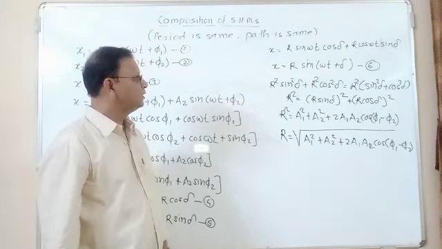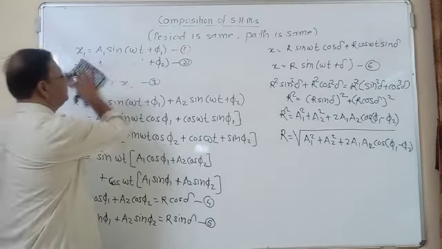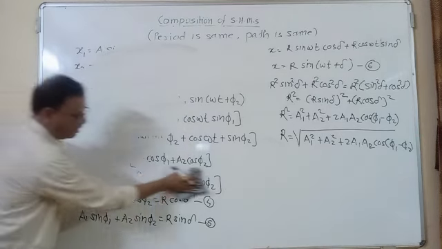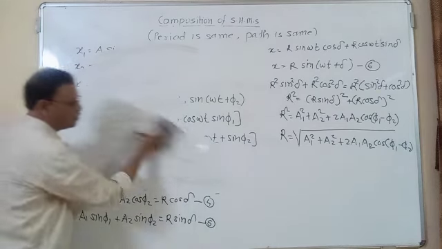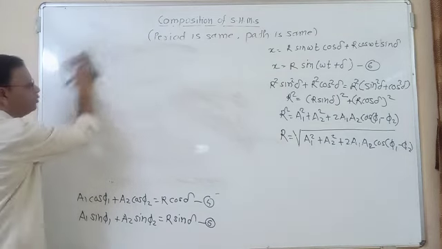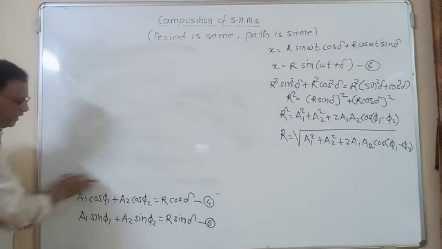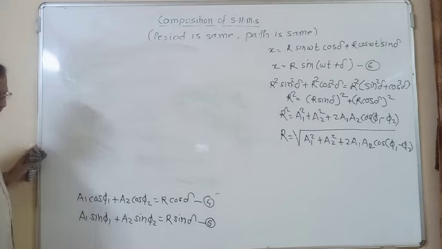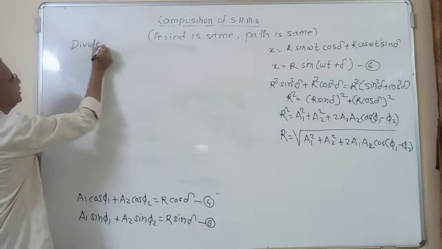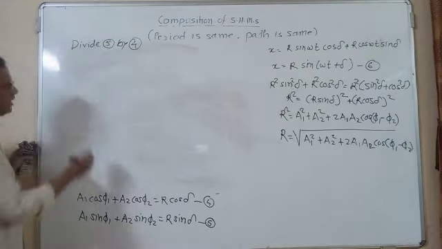Now we have to find delta. In order to find delta, again we have to use relation number 4 and 5. Here, we can take the ratio of these two. Divide relation number 5 by 4. What will we get?